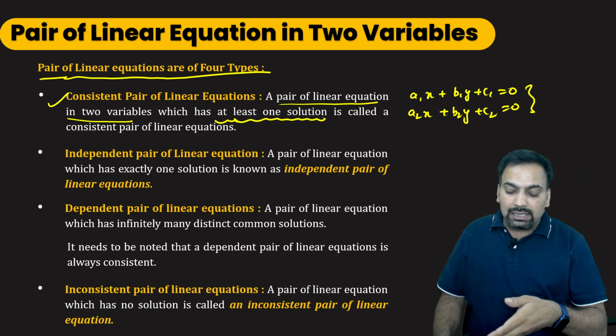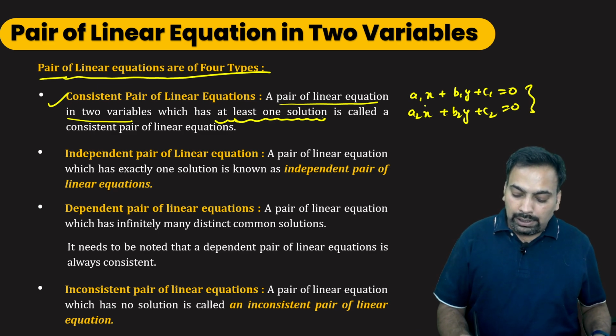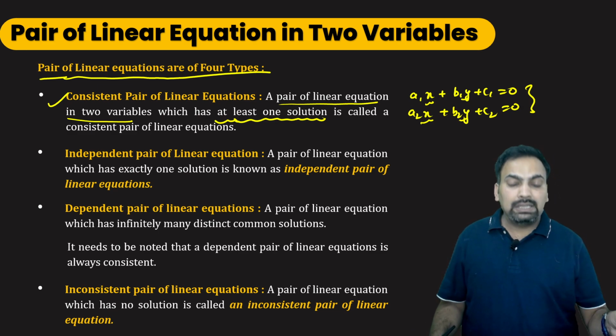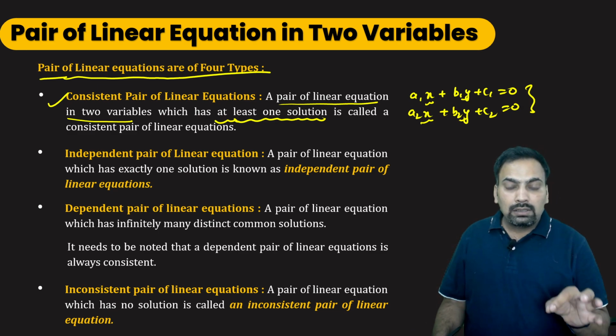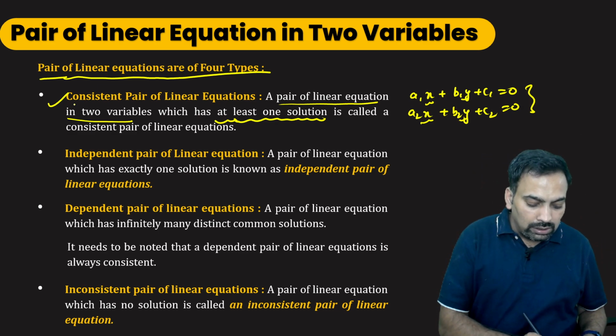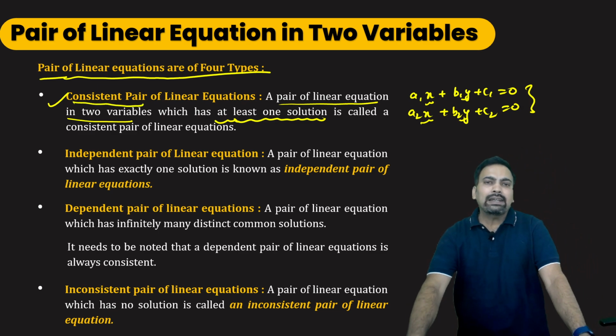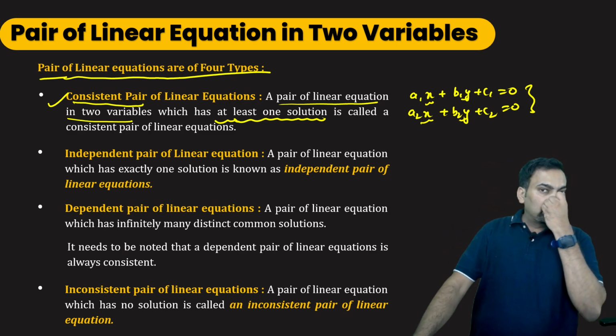If you put here x and y, it's satisfying the equation, it means that is called a solution, and at least one solution is called a consistent pair of linear equations. Consistent or inconsistent means what?